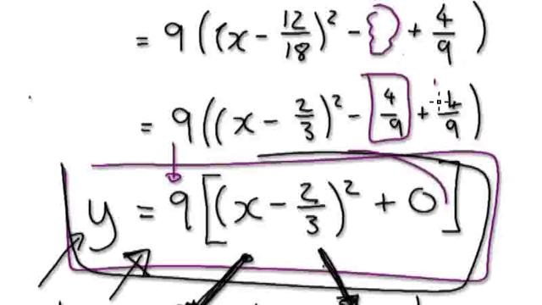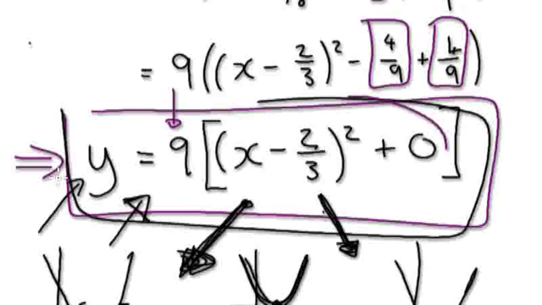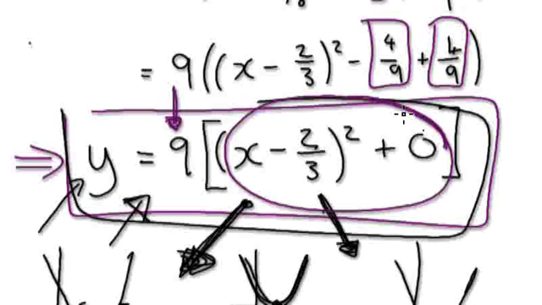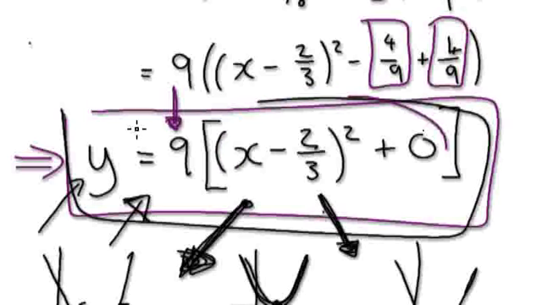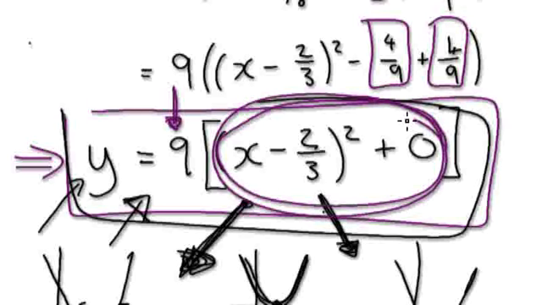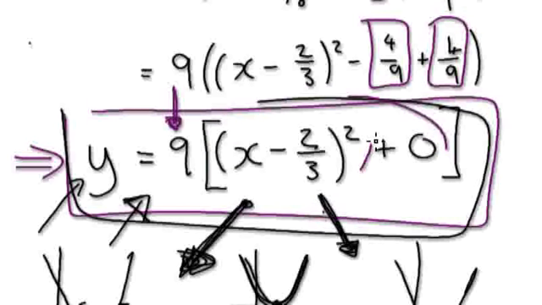Now, when you get to your key stage, ask yourself, what is the lowest possible value that y could be? Even though there's a 9 in here, if you make what's inside here its lowest possible value, then overall y will be at its lowest point. I know what I just said is hard to grasp, but it's true. You are trying to concentrate on making this the smallest it could be. If you make this the smallest, then the overall thing will be at its smallest.